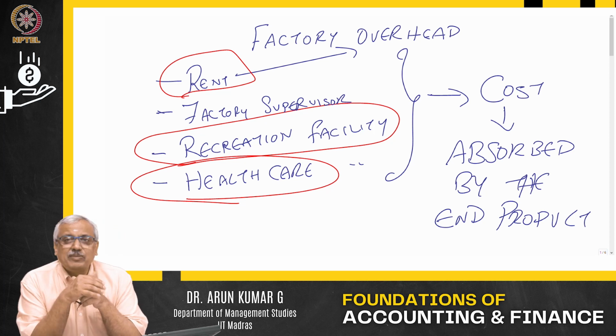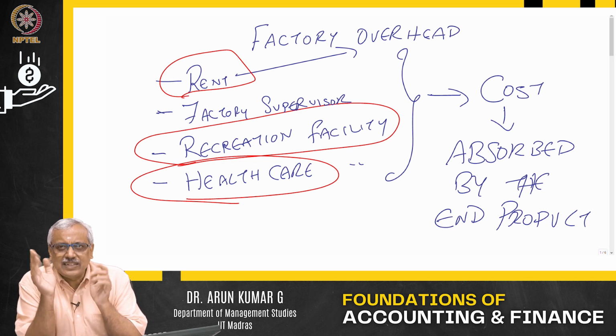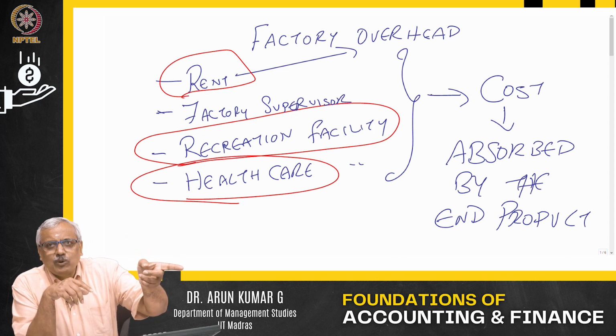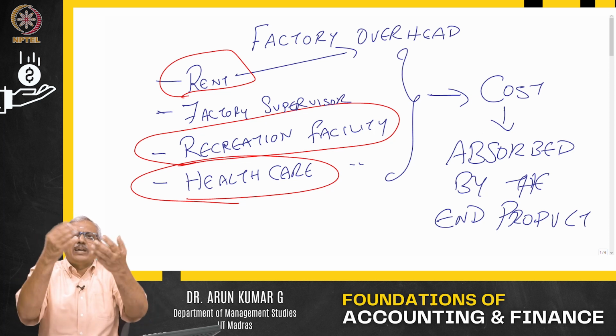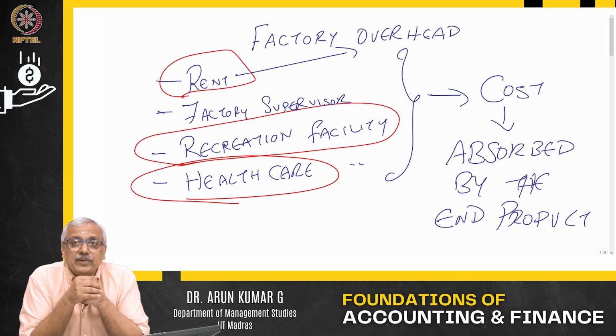Then if you adopt the same thing for healthcare, one of the other product managers will say, though the number of employees looks good, the employees working on my product are relatively younger, they don't need much healthcare, whereas the employees working on a legacy product A are all very old, and might need more and more healthcare. So why are you charging this cost to my product? Because then each one of them becomes a profit center. Each one is treated as a cost and profit center.